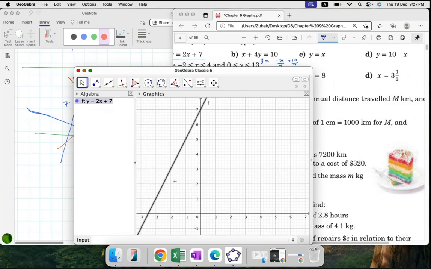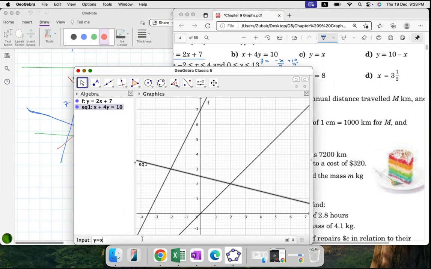Second is x plus 4y equals 10. When we make y the subject, we get a negative 1 by 4 gradient and 2.5 as the y-intercept. And the third one is y equals x. And the fourth one, y equals 10 minus x.